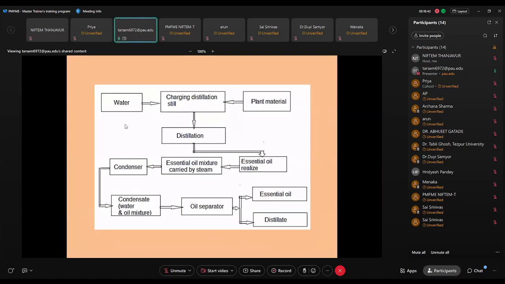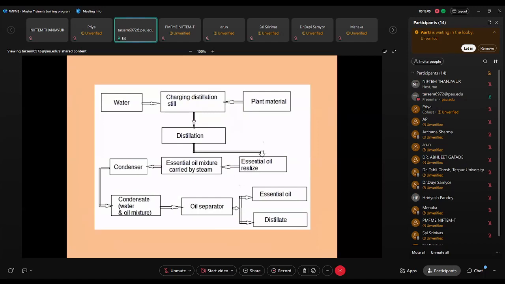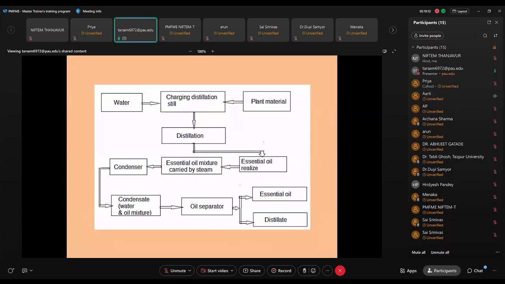We use water or steam in gaseous form for its extraction, because water and essential oils can be mixed, but they are not soluble in each other. When they are collected, they will form different layers. Because oil is lighter than water, it will form the upper layer, and water the bottom layer.